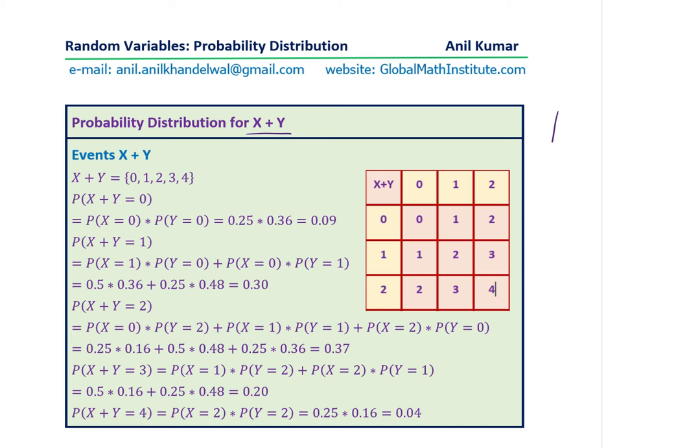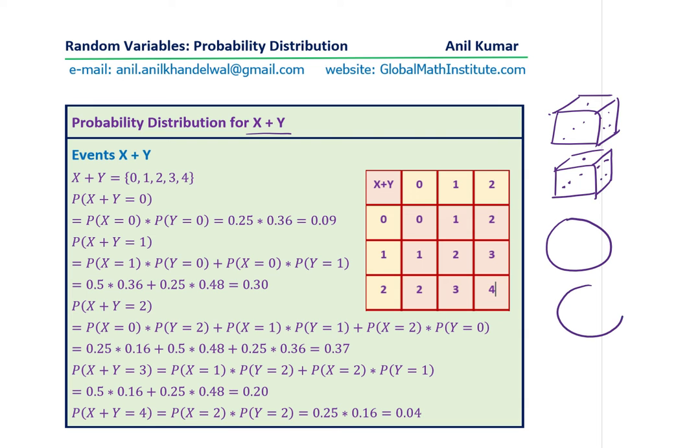One, we have two dice, that is one event, right? And the other event is that we have two pentagonal spinners. Let's say these are our two dice, and then we have two spinners here, right? These spinners have numbers 1 to 5: 1, 2, 3, 4, 5.